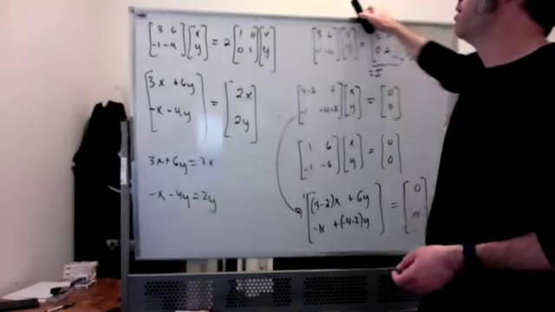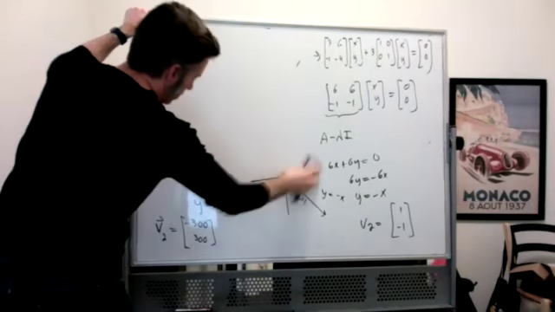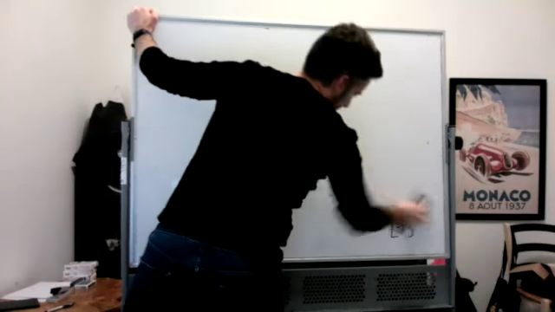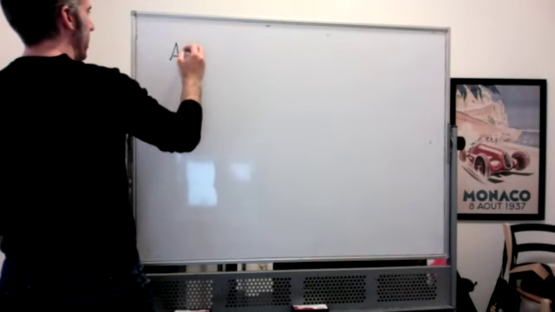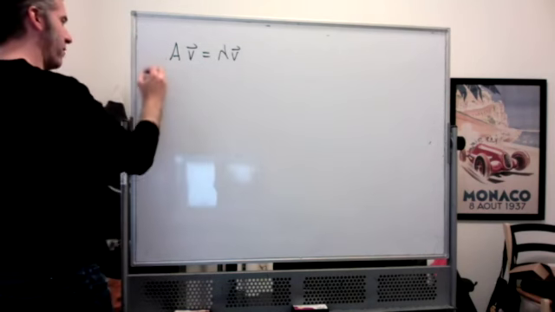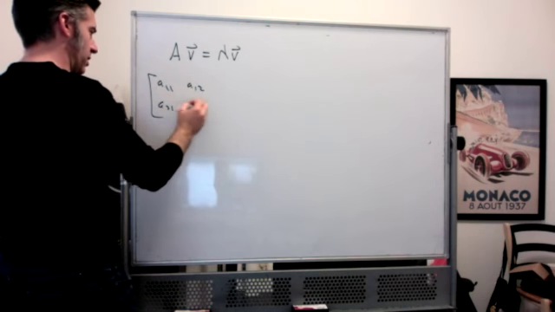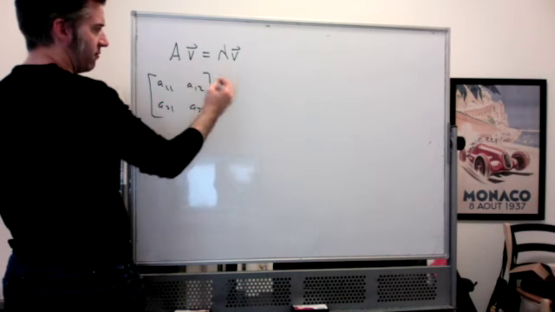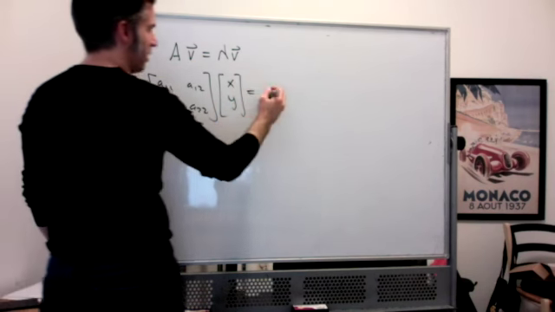But here's the difference, basically. The difference between what I did and what she did is I solved A times v equals lambda v, where I have my a11, a12, a21, a22, my v is my (x, y), and my lambda.